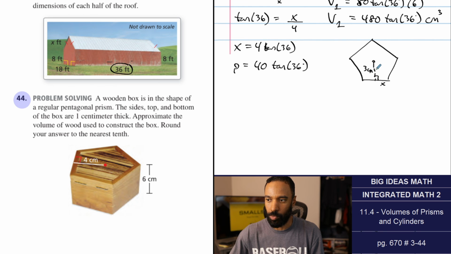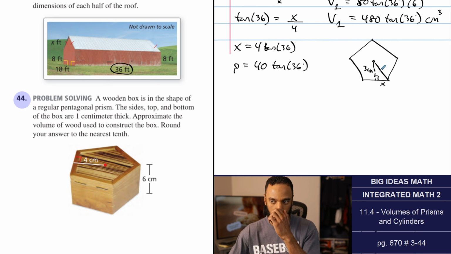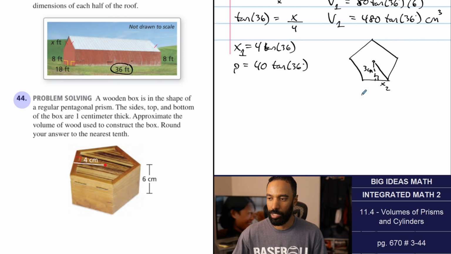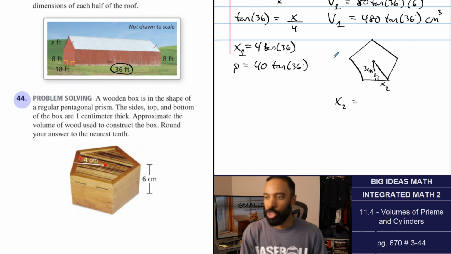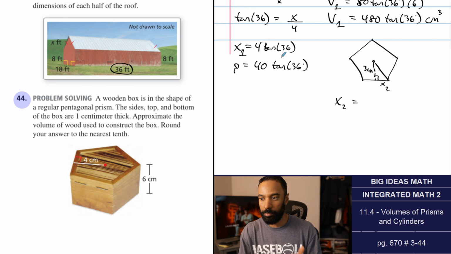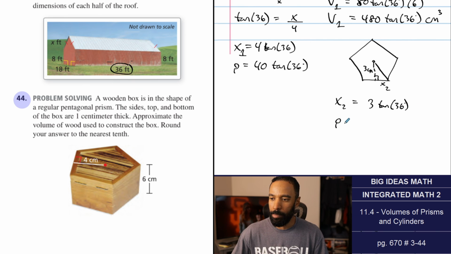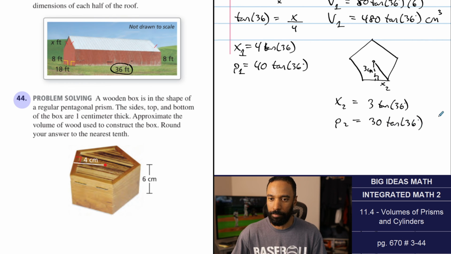When it comes to this x that's right here, because this is still 36 degrees, let's call this x1 and x2, X-Men United. x2 is 3 times tangent of 36 degrees. Honestly, I think here I could almost do the ratio bits. So the perimeter of object 2 is going to be double that and then times 5, 30. 30 times tangent of 36 degrees. I hope I'm getting my work all sped up properly. That should be the perimeter of this.